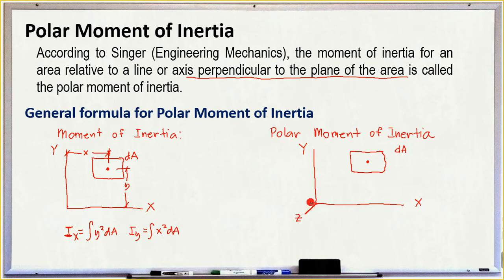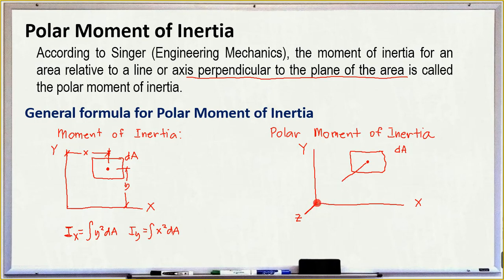Now, to get the polar moment of inertia along this z axis, kailangan makaibaw ta sa distance sa kaning area ani nga z axis. That distance is again defined from the centroid towards this line.